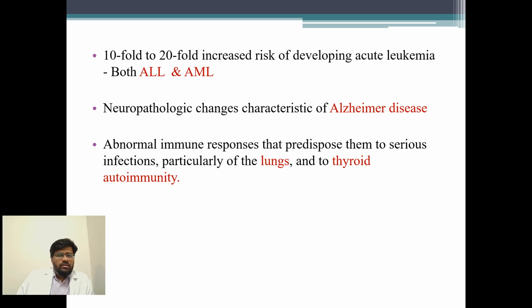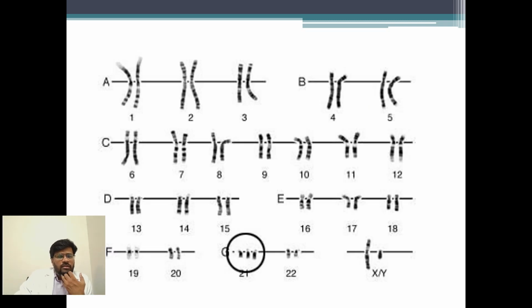And these people have more risk of Alzheimer's disease in the future as they grow older. And we can see a lot of autoimmune disorders, for example in the thyroid, like Hashimoto's or lymphocytic thyroiditis. So this is a karyotype of Down syndrome, where you can see the 21st chromosome showing trisomy.